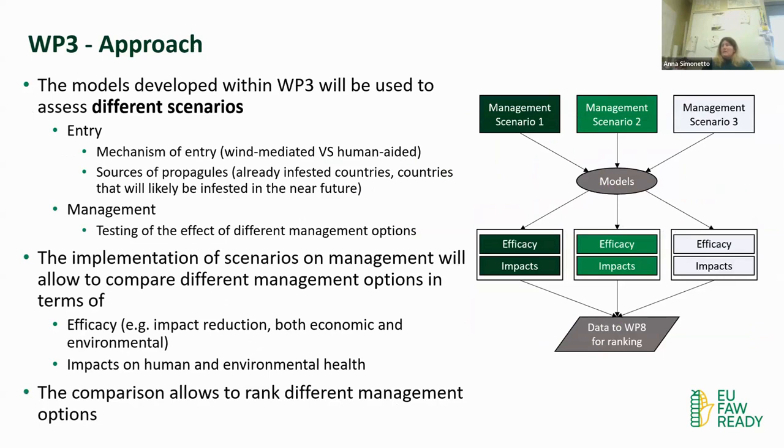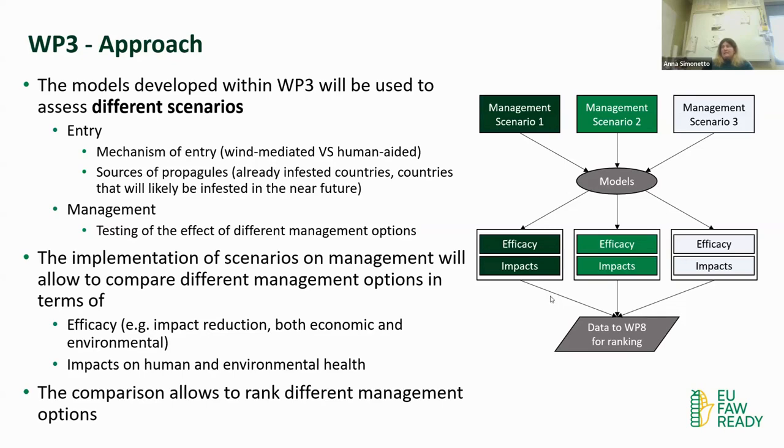How can you exploit this complex modeling framework? Mainly for different scenarios, to test the impact of different scenarios of entry and management, and also to test the efficacy of the IPM protocol that will be developed by the project.